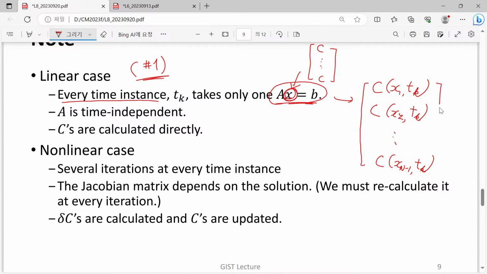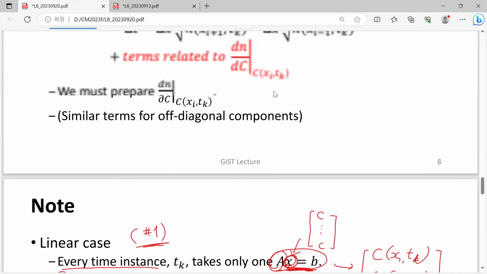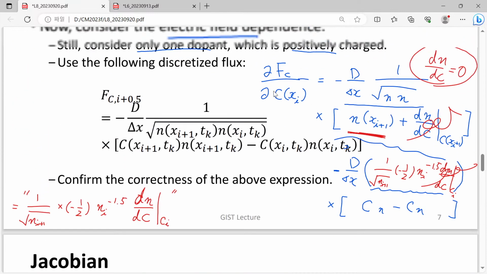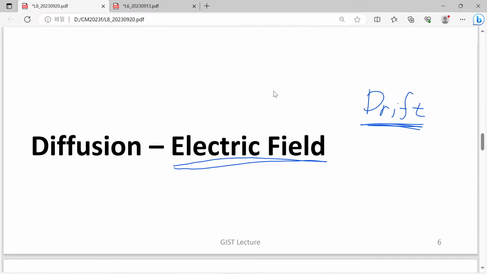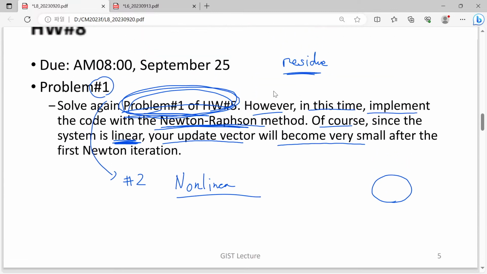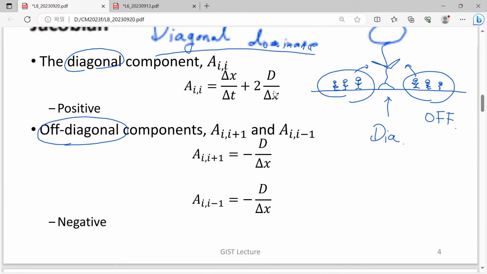So it takes only one matrix equation, and you know A was time independent. Do you remember the form of the A matrix? Let me just come back. Then you will find that A was so simple.